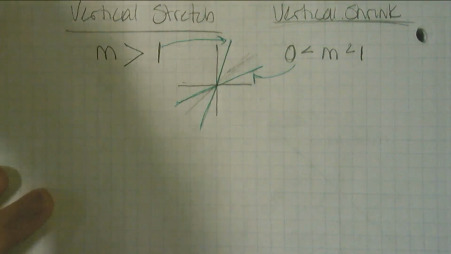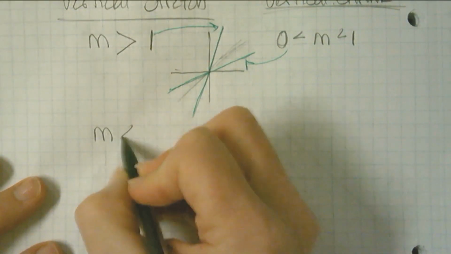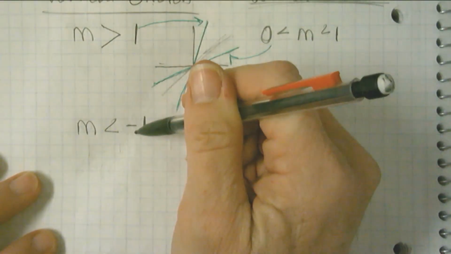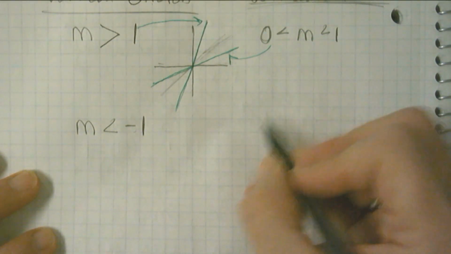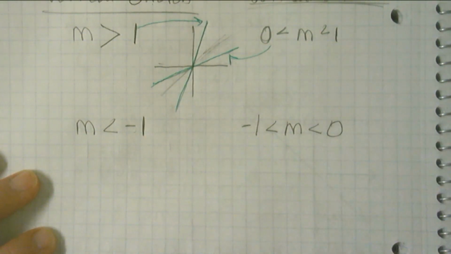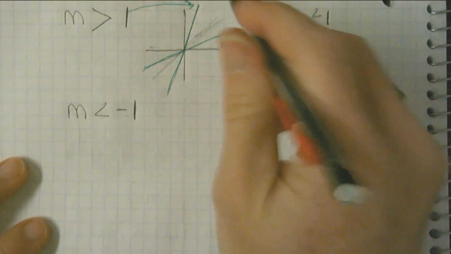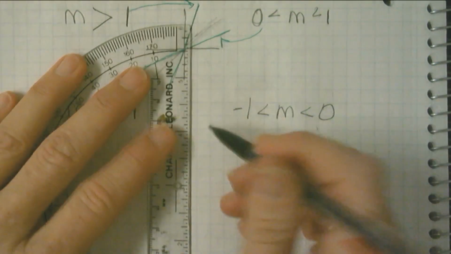But the other way that I could do this is that if my slope was less than -1, would still be considered a vertical stretch, or my slope is between -1 and 0. This is also considered a shrink. All right, but that's going to look something like this.